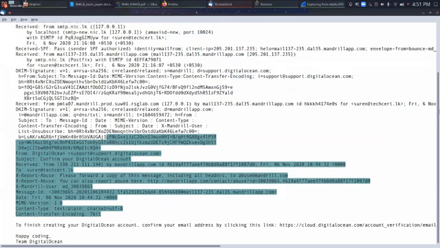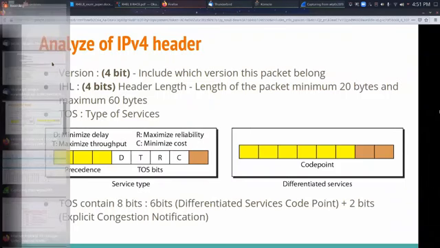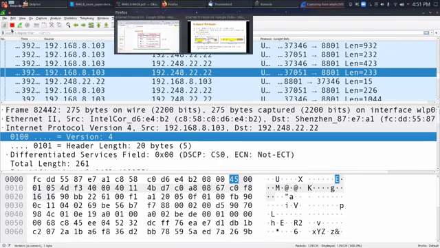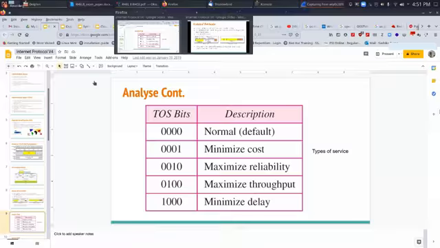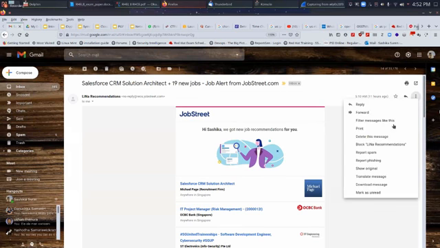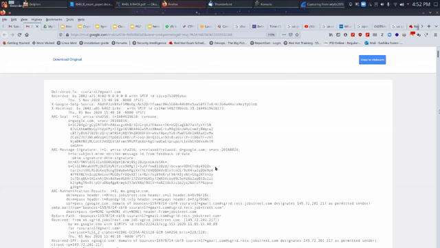Let's say you are receiving an email on a Gmail address. When you say show original, see here.